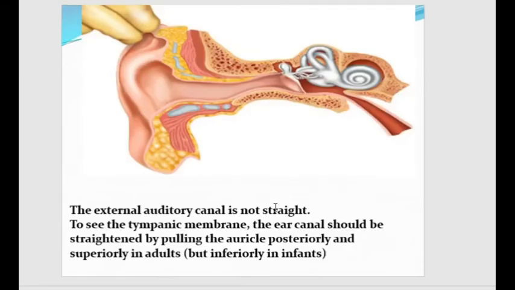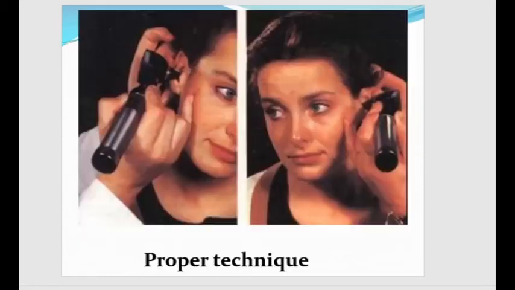See these changes that happen when we would like to straighten the canal. We pull the auricle upward, backward and outward, then the canal will become straight, so the meatus will be in front of the tympanic membrane. Here we see the proper technique of examining the ear, the external canal and the tympanic membrane, by this instrument which we call the otoscope. Of course the right ear is examined by the right hand.